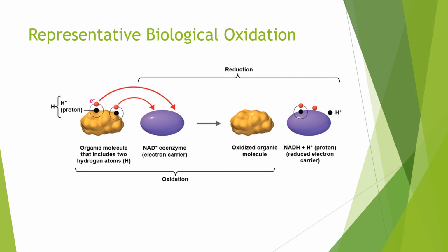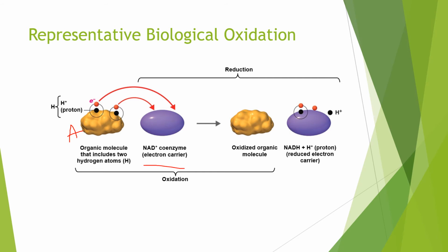So you can see right here one more time. Let's say reactant A, which is that yellow one right here, has some hydrogens, and hydrogen element contains both protons and electrons. So let's say this reactant lost some of its hydrogens. What does that mean? It means that it lost some of its protons and some of its electrons. Now, those electrons could actually be accepted by what we call a coenzyme. This coenzyme, its main job is to basically accept those electrons that are being lost.